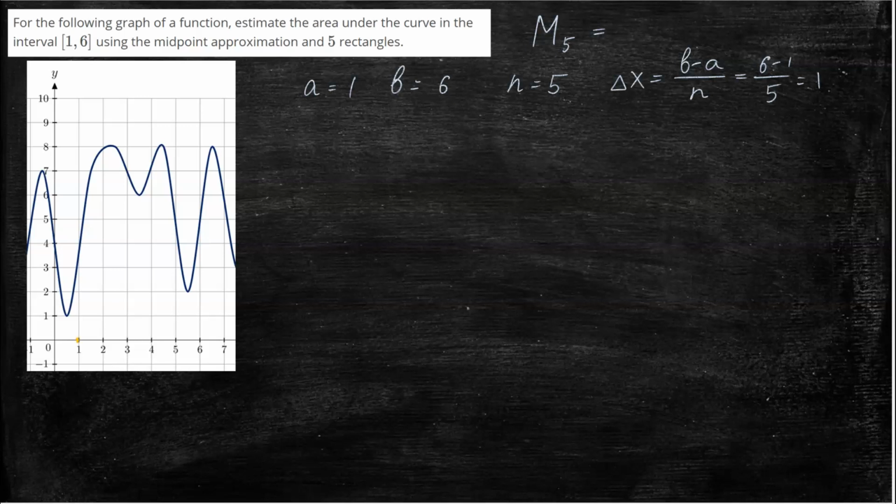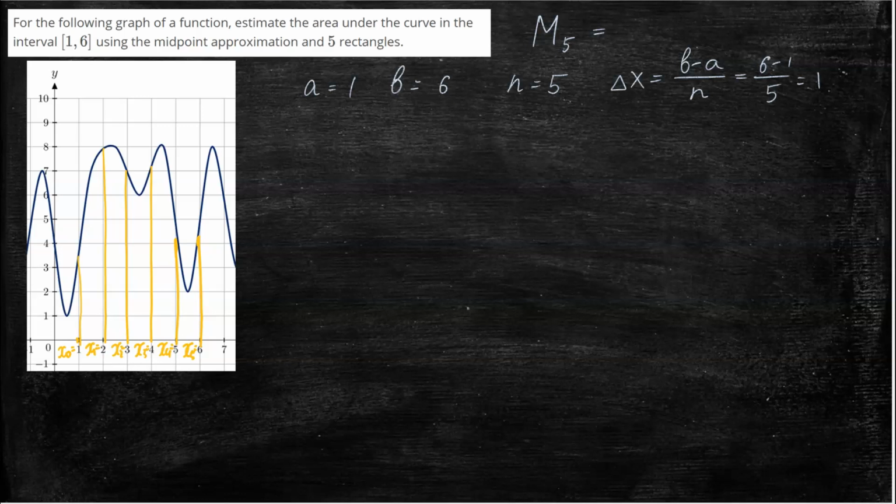So this is my x0, this is my x1, x2, x3, x4, and x5, and we're going to have 5 intervals. This is my first interval, my second, my third, my fourth, and my fifth.